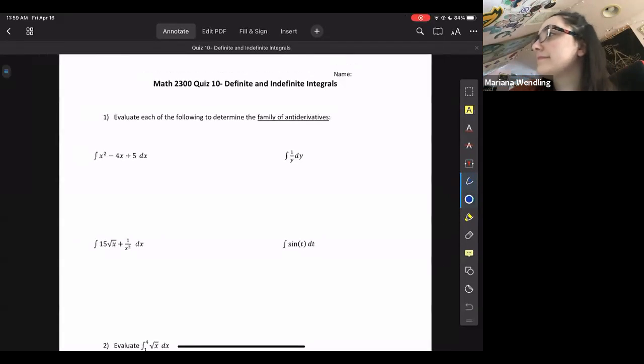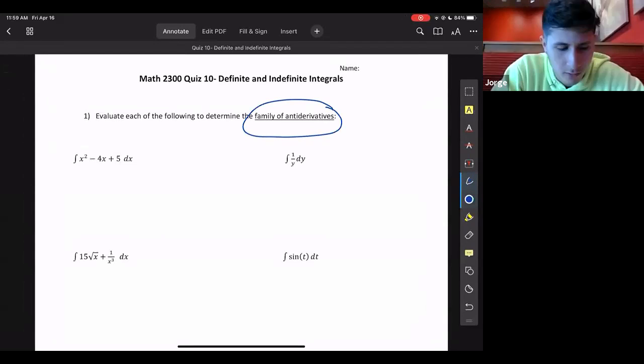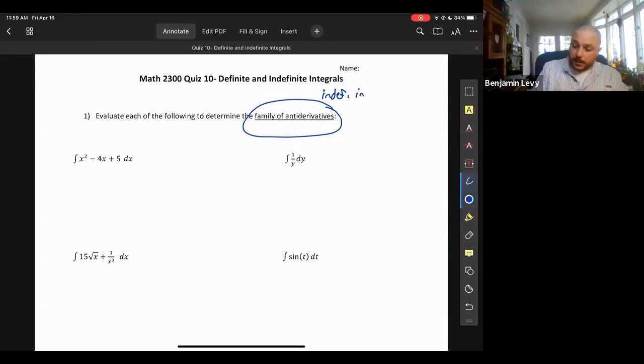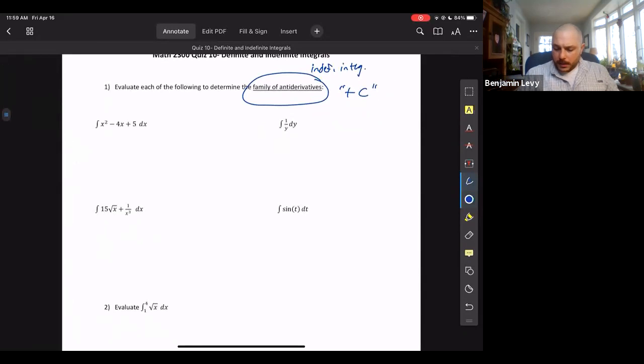Great. So I just want to clarify two things so we're on the same page. What does family of antiderivatives mean? Or maybe I'll just say, I don't need to ask. We want to do the indefinite integral, yes. Indefinite integral, and I'm just going to put plus C on there. Hopefully you know what that means. The other thing I want to point out is that in number 2, you can get part of your answer from the previous problem.